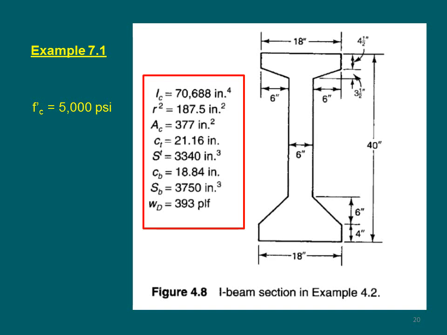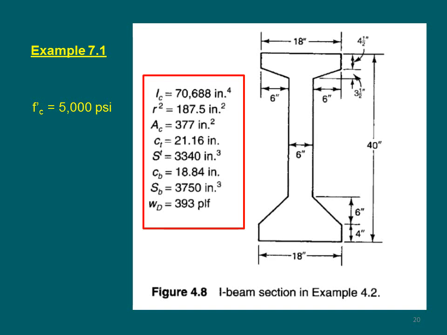I have radius of gyration squared. I have total cross-section area of the concrete. I have C to the top, from the CG all the way to the top. I have S top. I have C to the bottom, the distance from the CG of the beam all the way to the bottom of the beam. I have section modulus of the bottom.